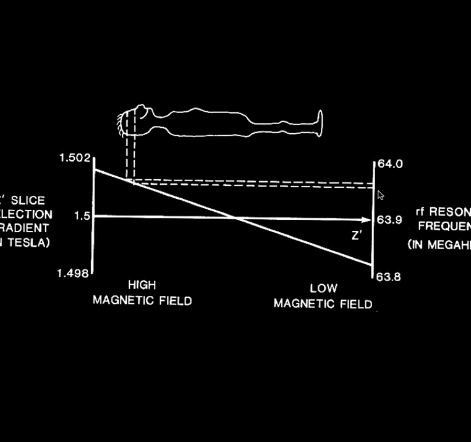If I narrow the bandwidth of the transmit pulse, I'll narrow the thickness of the slice. Can you see that? So one way to make the slice thickness narrower would be to make the transmit radio frequency pulse narrower in bandwidth. Okay?